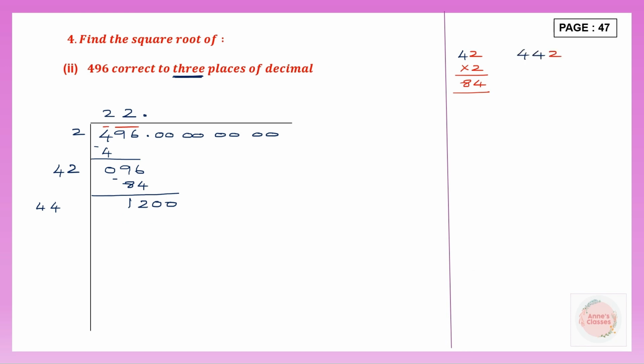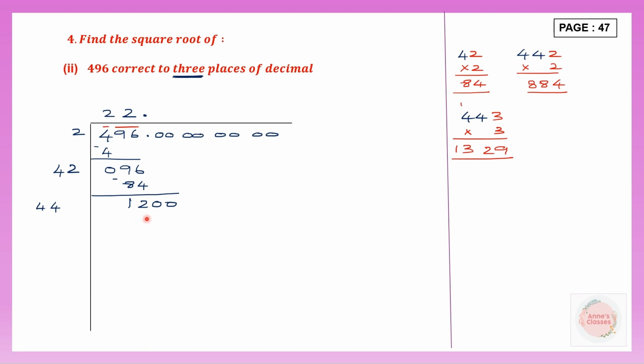That means we multiply also by 2. 2 2s are 4, 2 4s are 8, 2 4s are 8. Now let's try with 3. Okay, so let's try 44 and put 3 next to it and see. 3 3s are 9, 3 4s are 12, carry 1, 3 4s are 12 plus 1, 13.